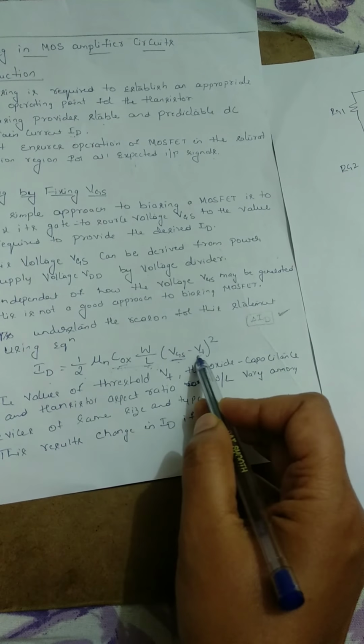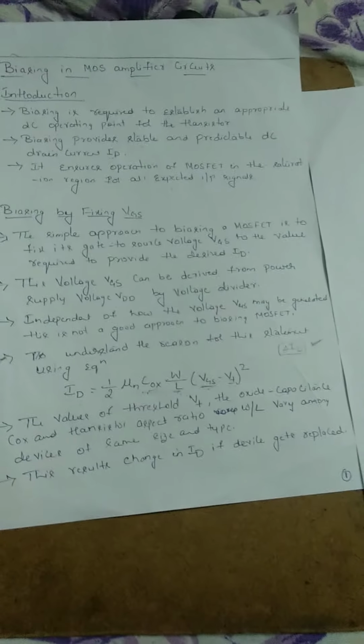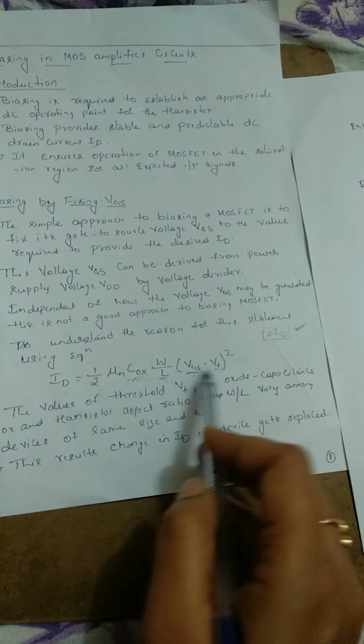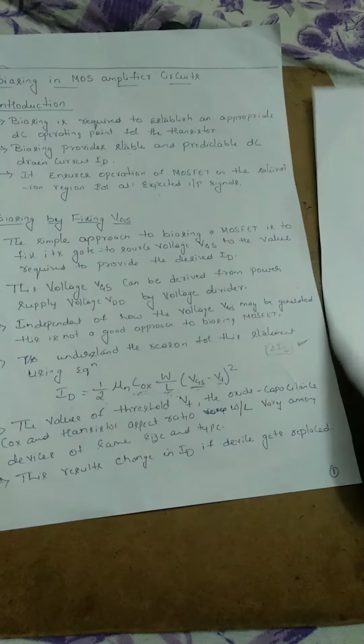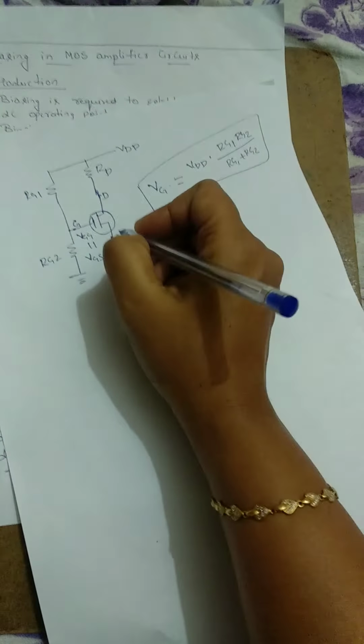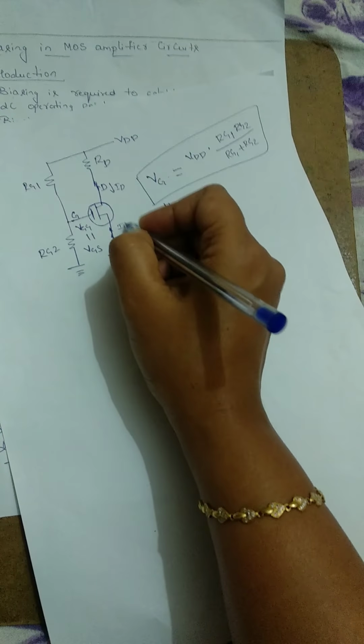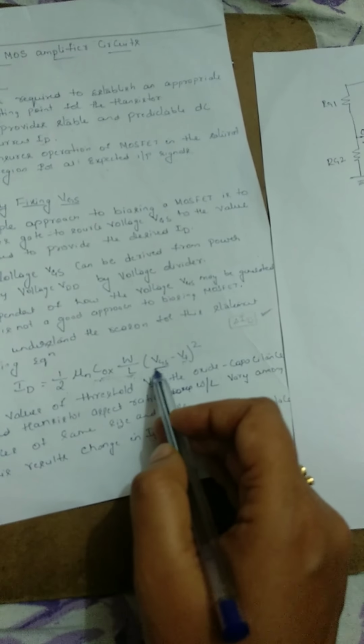If these become more temperature dependent, our ID will vary. So the current ID will vary if we fix our VGS.